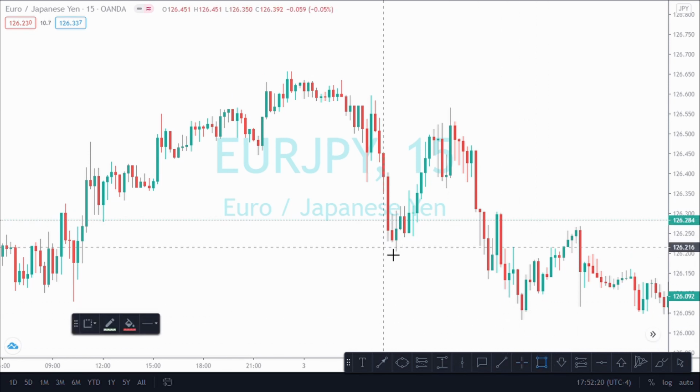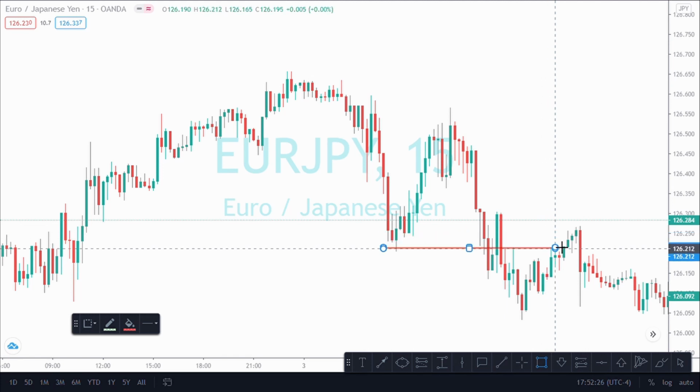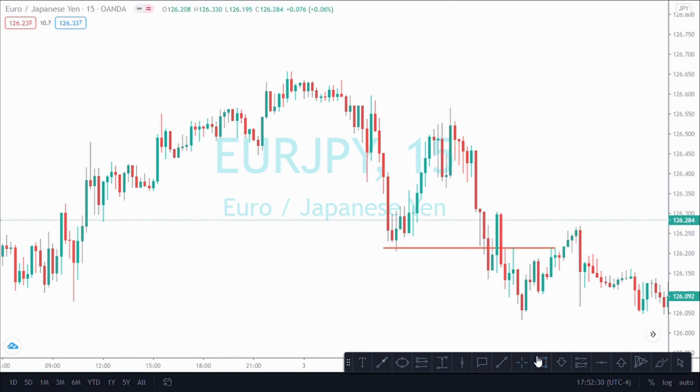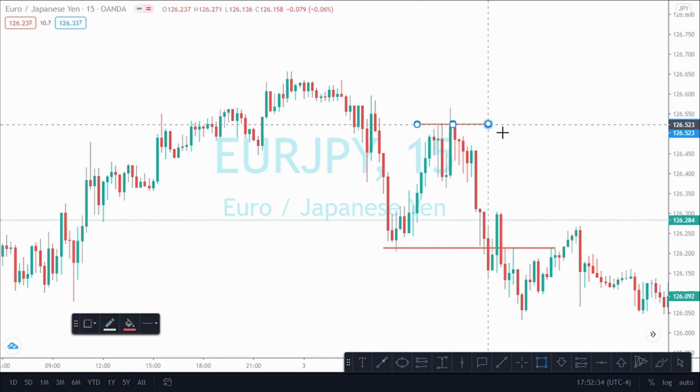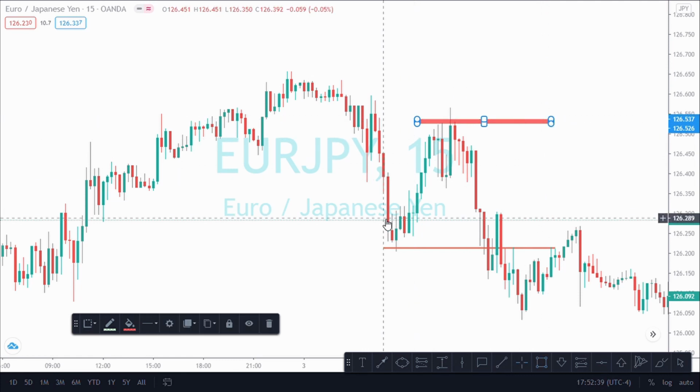Alright, so we're going to highlight that this is the zone, which is also called a support, if you guys still remember. And up here is another, which you'd probably call the resistance. Alright, cool, we understand that enough.